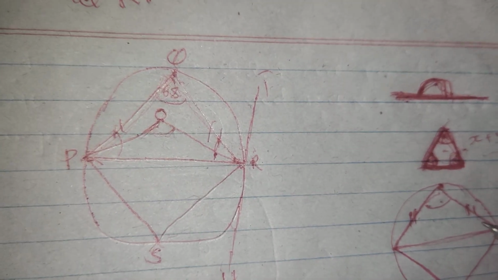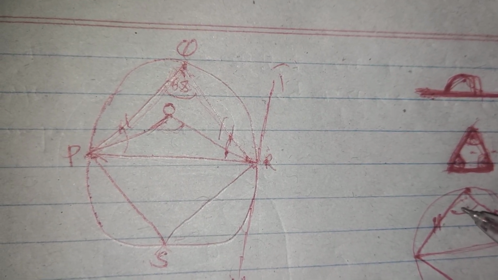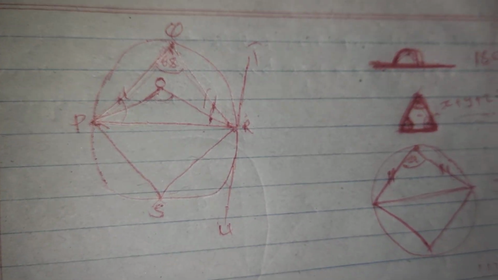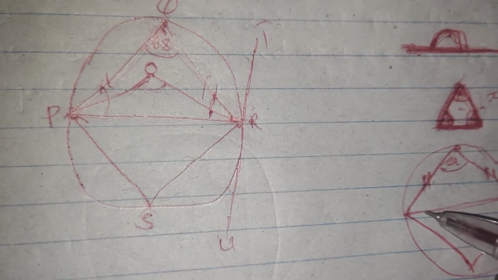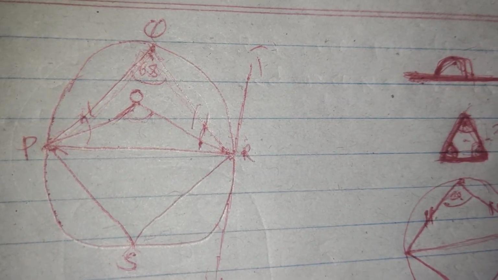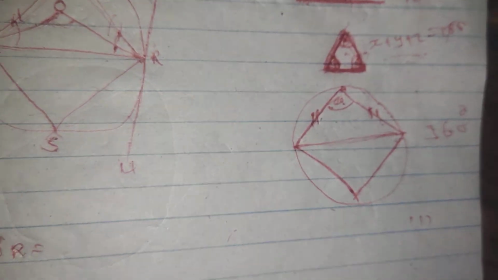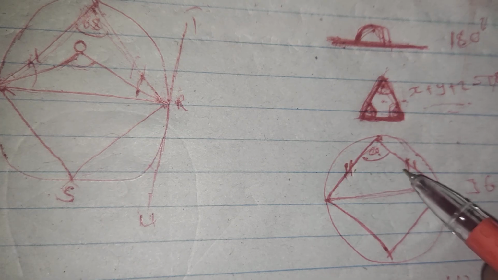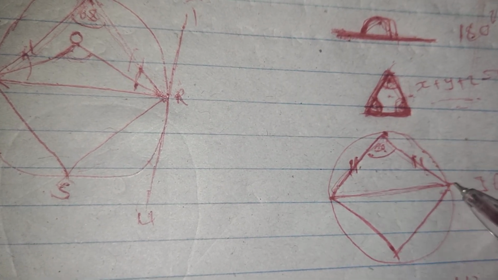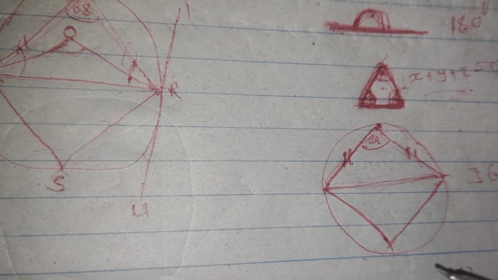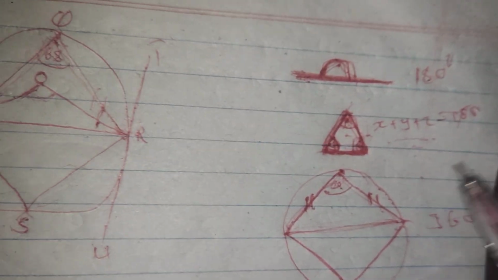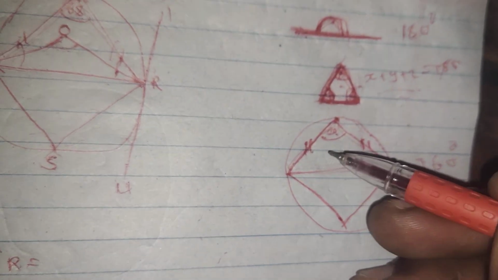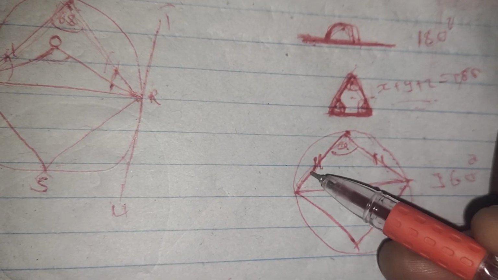To find this angle, when you are given this angle, say here you're given 20 degrees, we need to know that the angles add up to 180, because it's a straight line. In an isosceles triangle, two angles are always equal.